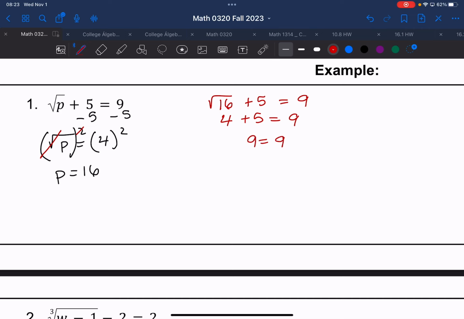Is that true or false? True, so that tells us what? P is equal to 16. That is our answer. On these type of problems, I need to see both. I need to see your original, and I need to see your check.